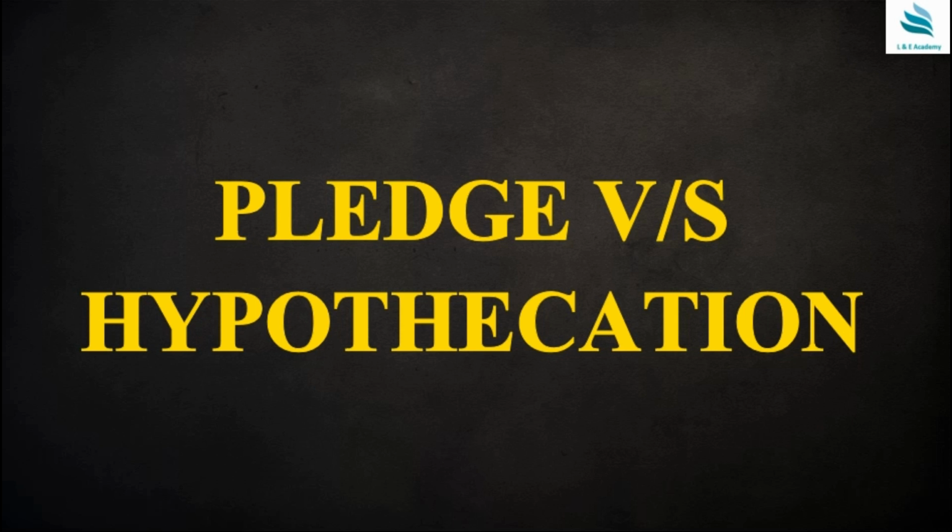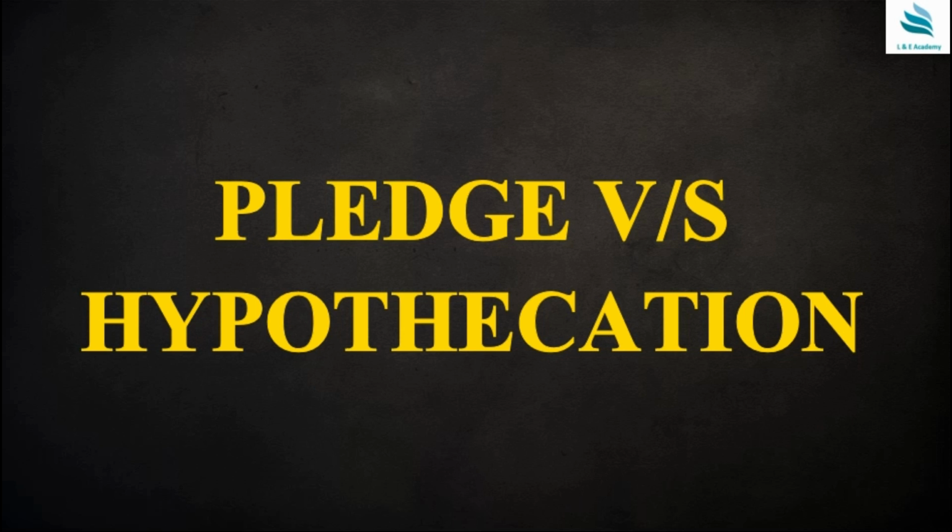But in the case of hypothecation, you were using the bike. In case you defaulted, the bank had the right to take your bike and sell to recover it. But in case of pledge, you have to give the possession of your gold in favor of the bank, and then the bank will release the loan amount.